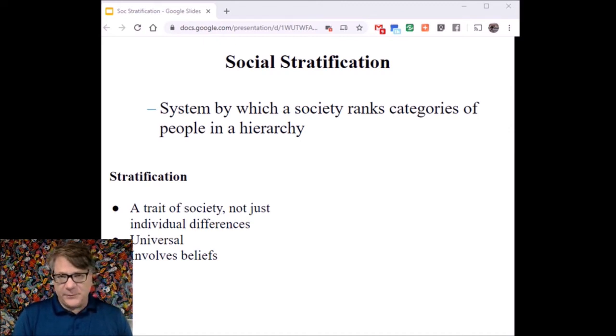So, for example, those that want to have equality in society, that's usually something that's tied to political ideas and that sort of thing. Well, you're not going to have equality in society. This is a very interesting thing to think about. Why do societies have inequality? Why aren't people equal to one another in society?